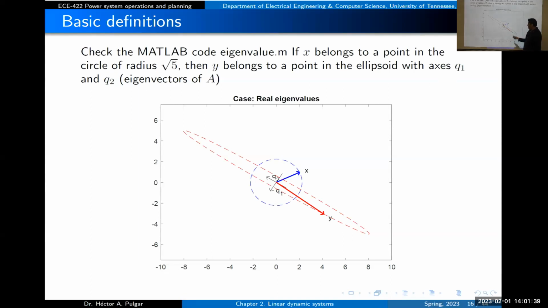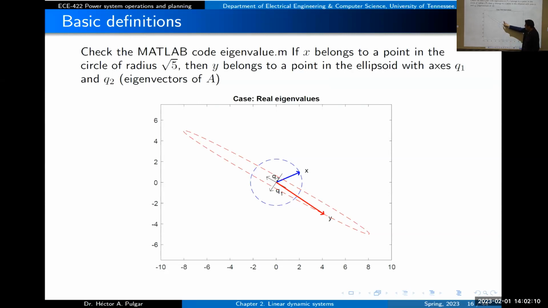So for that matrix, if I start, I change the input x, and I pick any value along this circle. In this case, I have this value, and this is the y that I get. But if I start changing this x for any other point along the circle, and if I plot all the outputs that I get, which is y, I get this red trajectory.